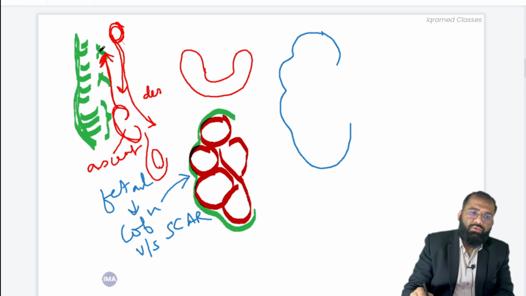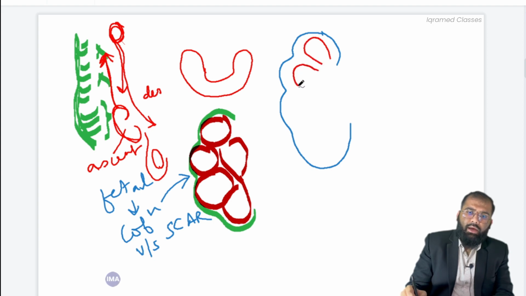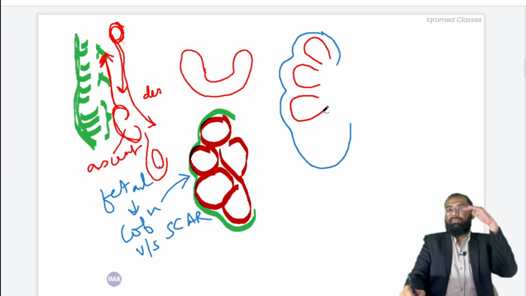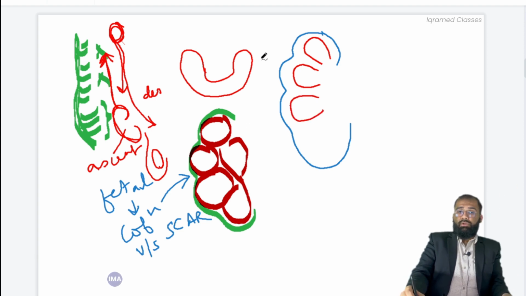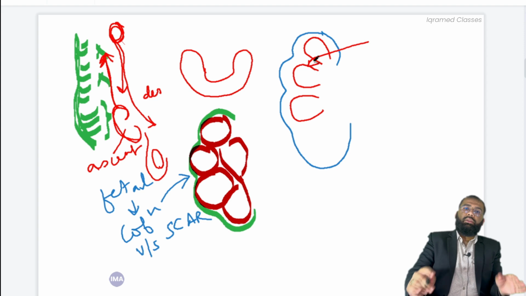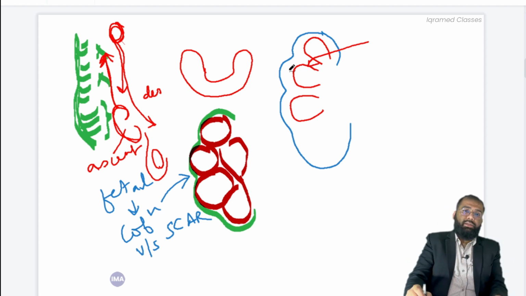So you need to see where the medulla are. So suppose there is medulla here, there is medulla here. Now I tell you to remember my first lecture on kidney. Do you remember I told that there is the cortex which enters in between the medulla, that is called column of Bertini.